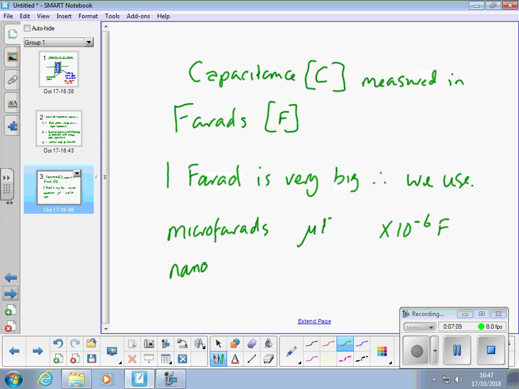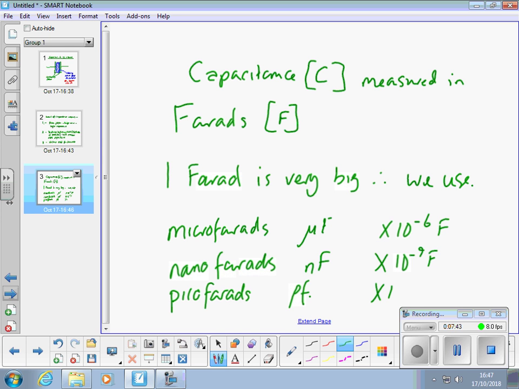Nanofarads, lowercase nF, times 10 to the minus 9 farads, and pico, commonly referred to in the electronics industry as puffs of capacitance. pF, times 10 to the minus 12 farads.